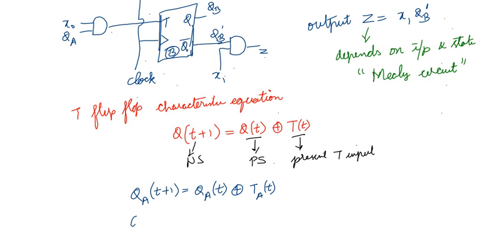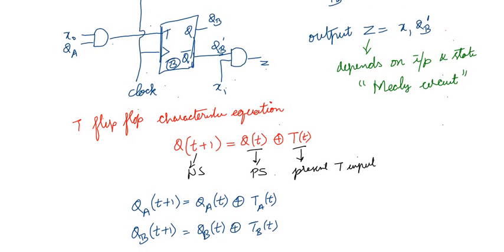Similarly, for the second flip-flop, QB(t+1), that is the next state output, is equal to QB(t) XOR TB. This is the general expression for each flip-flop. For the A flip-flop we add the suffix A, and for the B flip-flop we add the suffix B.